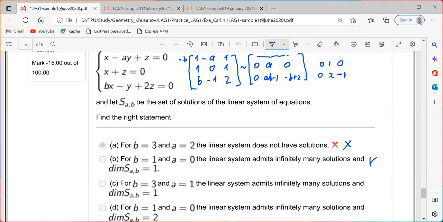The 3 rows are linearly independent, and it means that we have 3 leading elements, and the system of equations will have a unique solution. A unique solution means that it will be only the trivial solution, 0, because we have a homogeneous system. That's why the dimension of our solution space will be equal to 0, the zero space. That's why C is not correct.